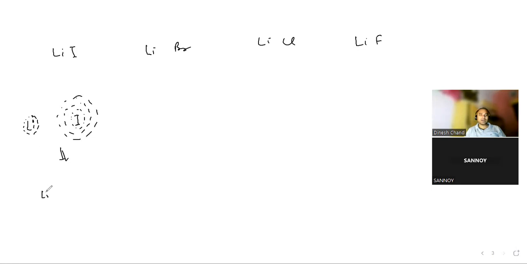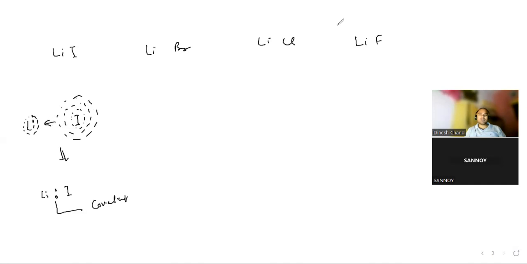The two electrons will come in the center, and once the electrons come in the center, it becomes covalent. So in this case iodine polarizability is more. It is going to polarize very fast, which means it is going to give the electron here easily.